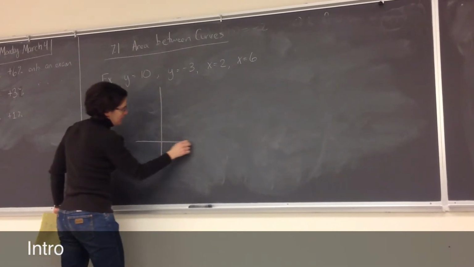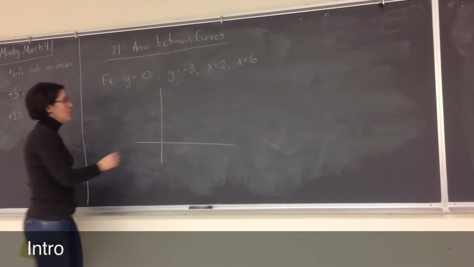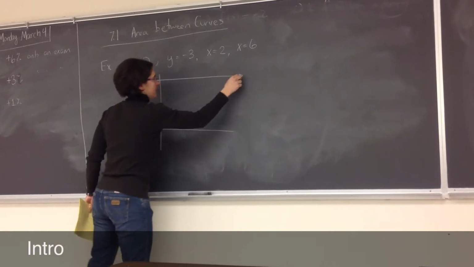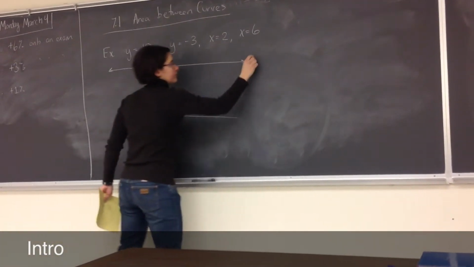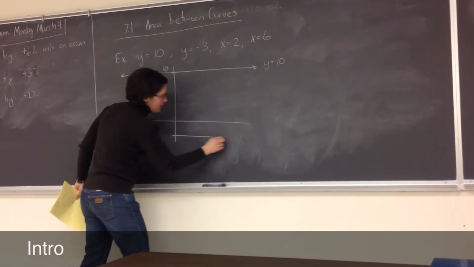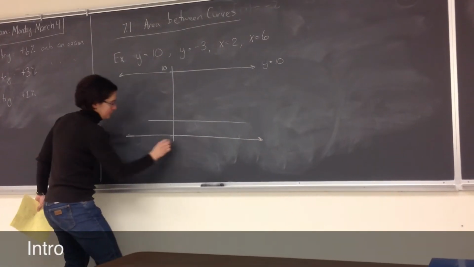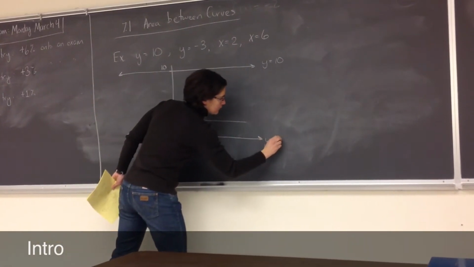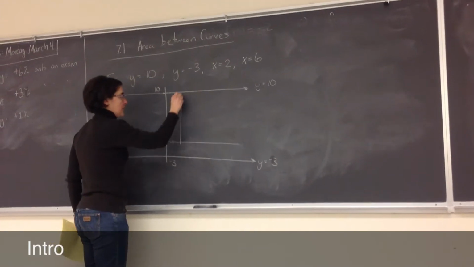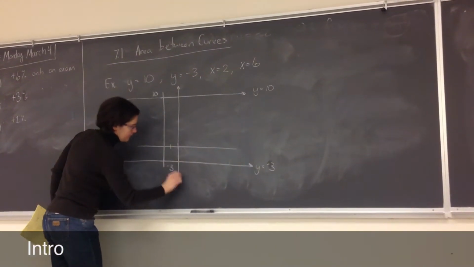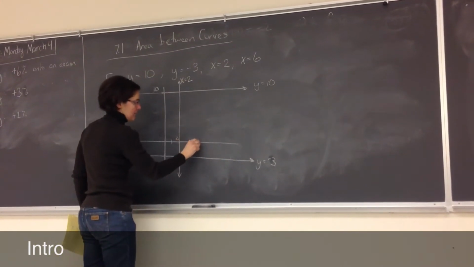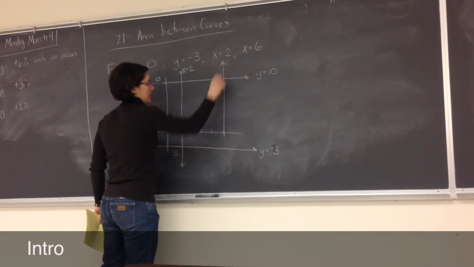So here are my x and y axes. y equals 10 is somewhere up kind of high, so here's y equals 10. y equals negative 3 is somewhere down below the x-axis. x is equal to 2 is a vertical line. And x equal to 6, also a vertical line.